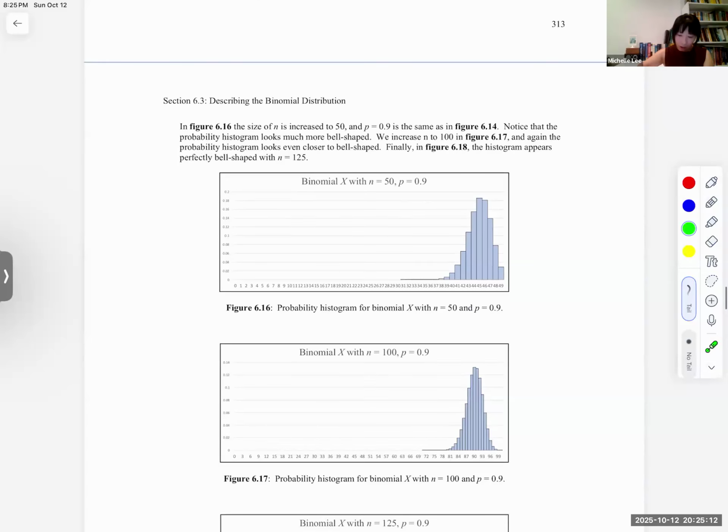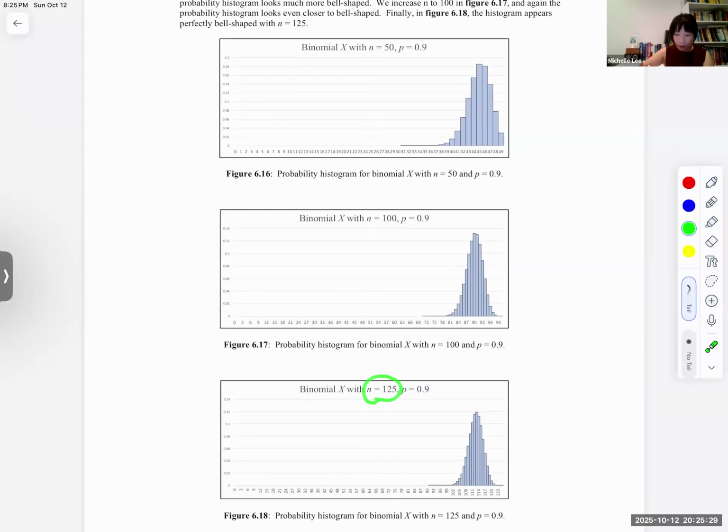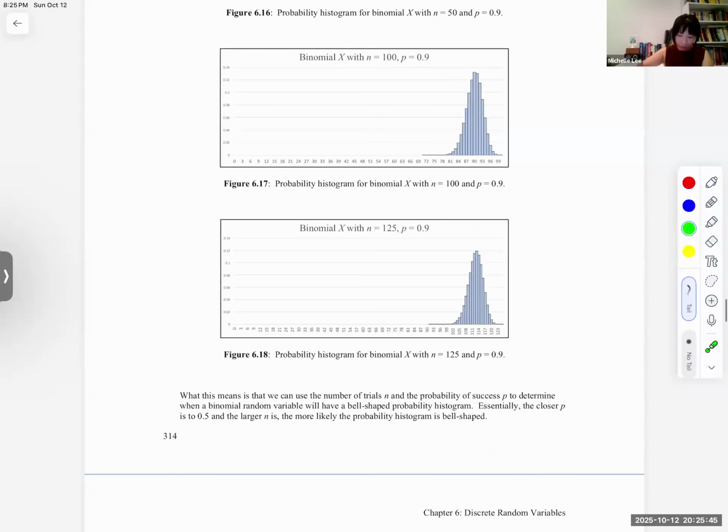How about n equal to 100, and then the same probability 0.9? Yeah, more bell shape. What if 125? It is bell shape, right? Because this one is a little bit skewed to the left.